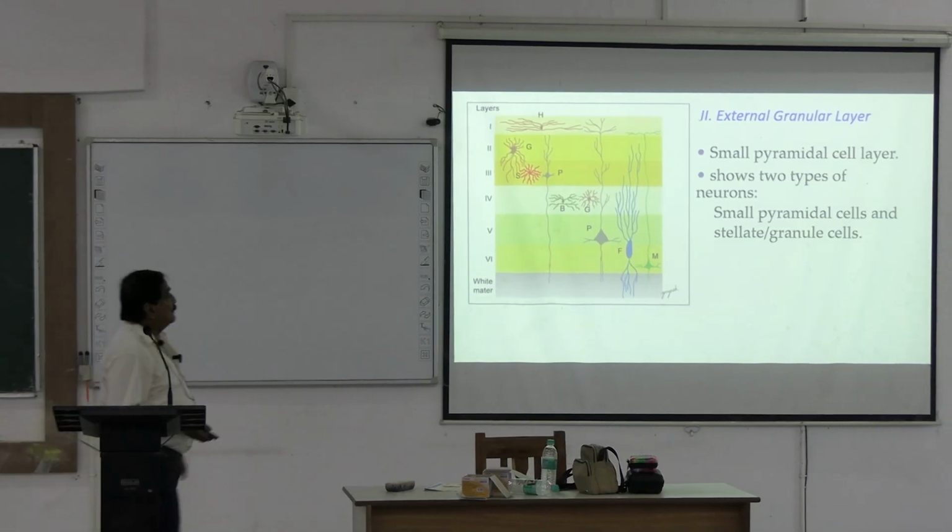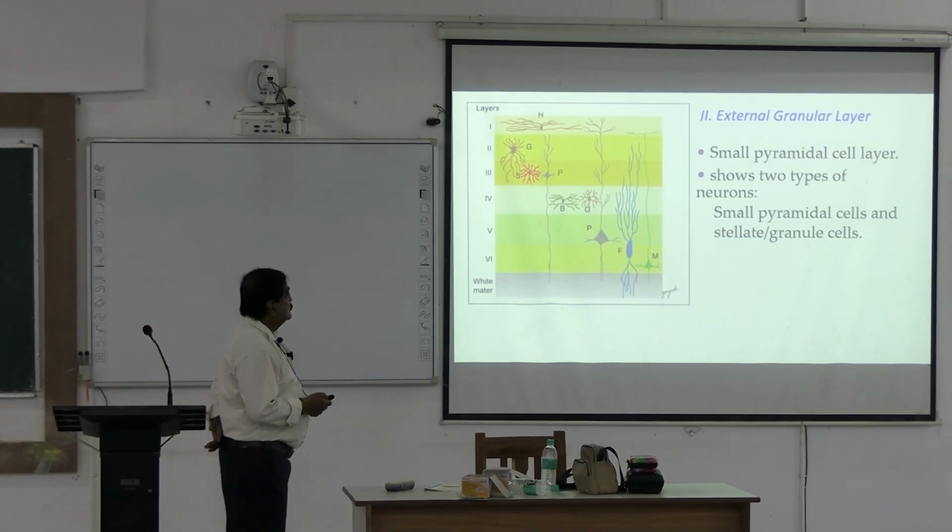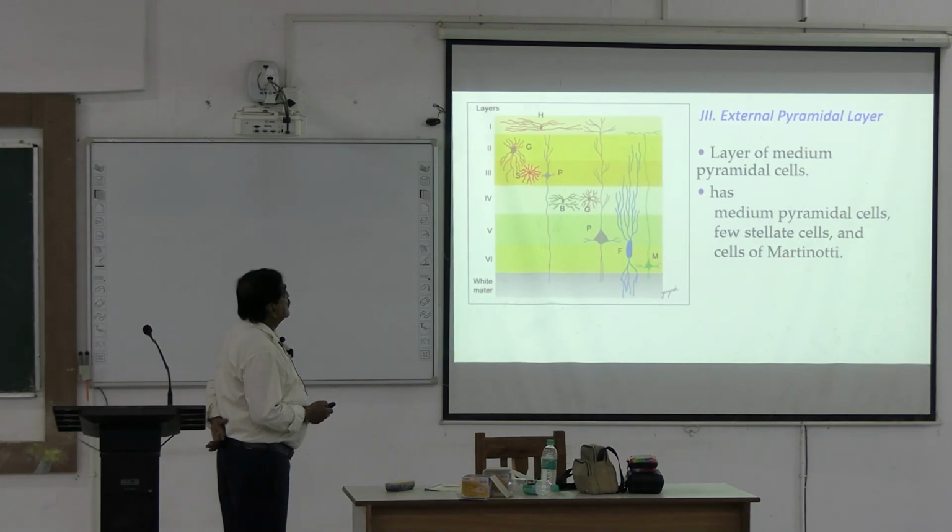That's a special stain. The external granular layer has 2 types of neurons: small pyramidal cells and stellate granular cells. The external pyramidal layer, layer of medium pyramidal cells, has medium pyramidal cells, few stellate cells and cells of Martinotti.